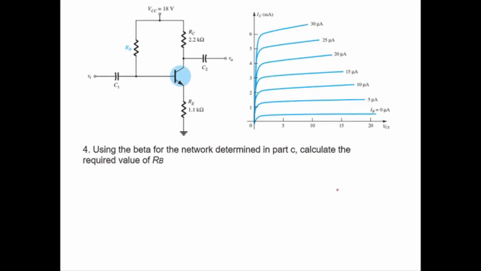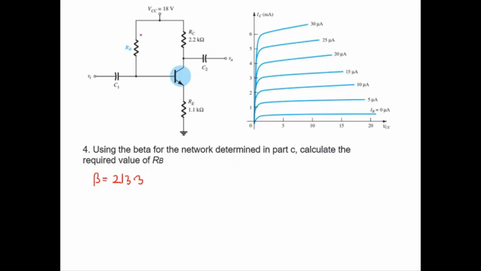Okay, and then the last one is using the beta for the network determined in part C, calculate the required value of RB. So beta from the previous part is 213.3. So you need to determine the RB. So recall the procedure for the DC analysis.